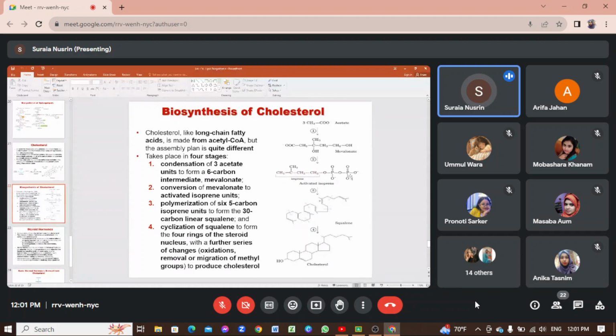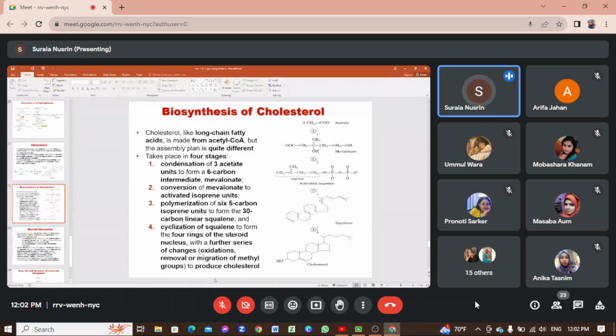In the next step, the final step, we can say, this linear squalene undergoes cyclization and gives rise to the ring structure, the four rings of the steroid nucleus.